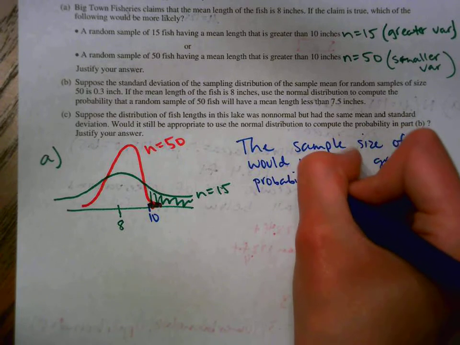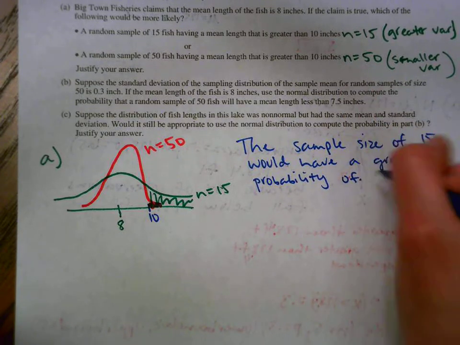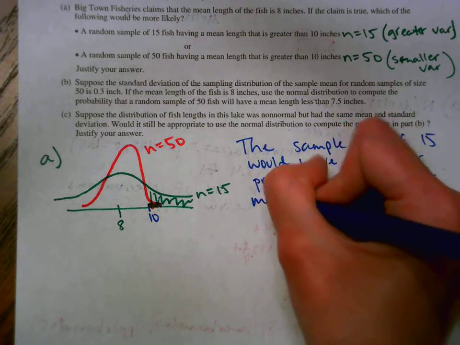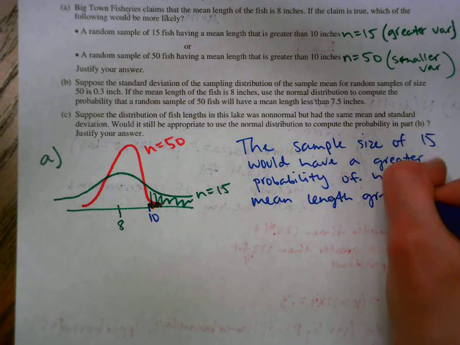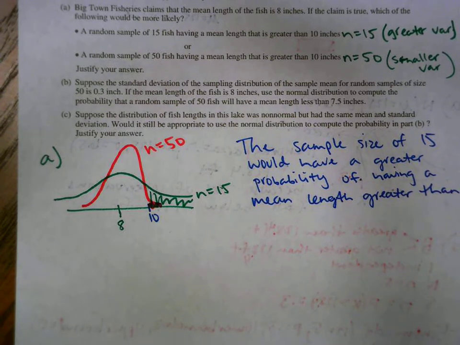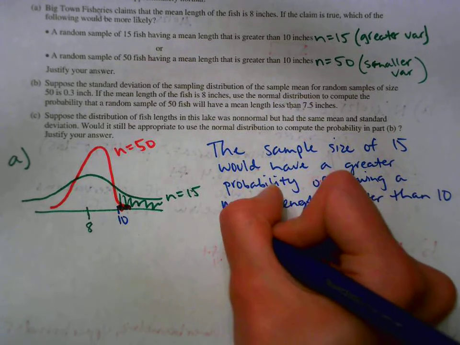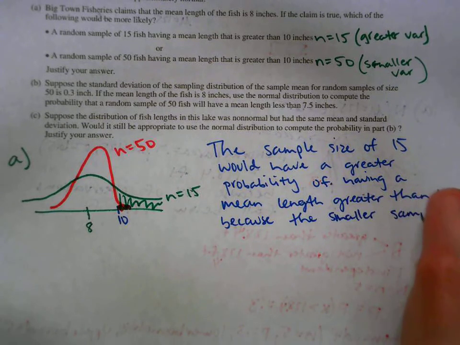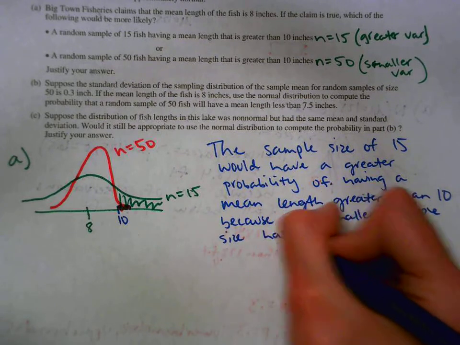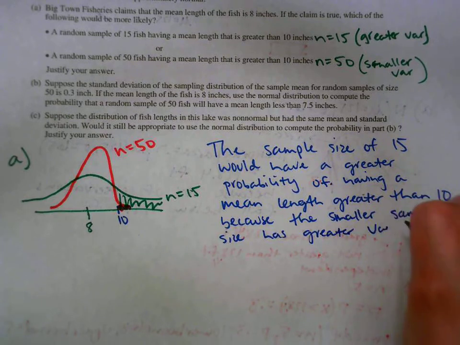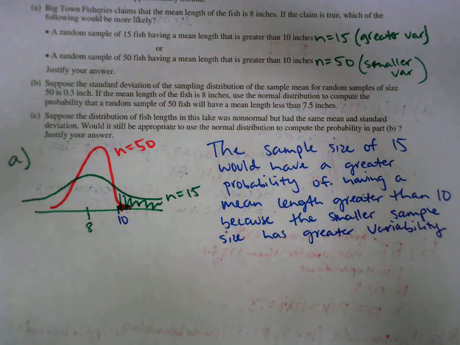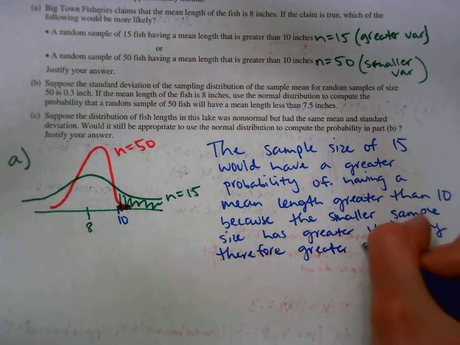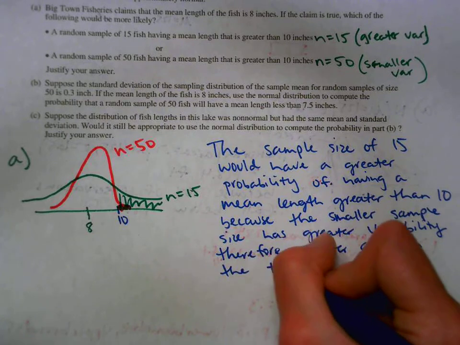Probability of having a mean length greater than 10 because the smaller sample size has greater variability, therefore greater area in the tails.